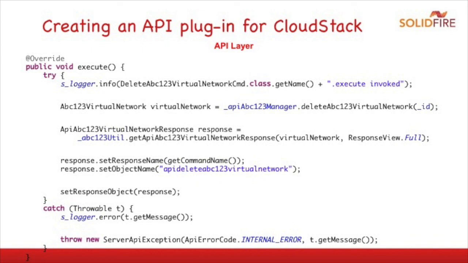I know CloudMonkey just takes it and displays everything to the end user. So in the case of CloudMonkey, it would just display all of that stuff. If the person who deleted the virtual network wanted to know what the name of the SolidFire cluster was, he would see that. Otherwise, if he just saw the ID, he'd have to go and issue another CloudMonkey command to get the name of the SolidFire cluster based on the ID.